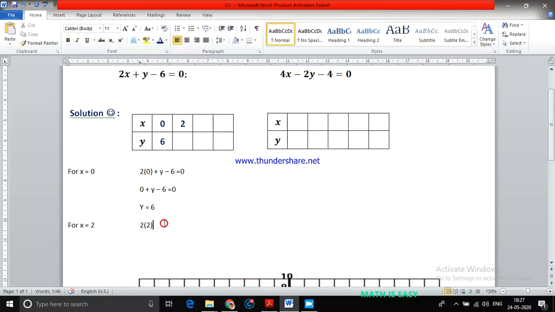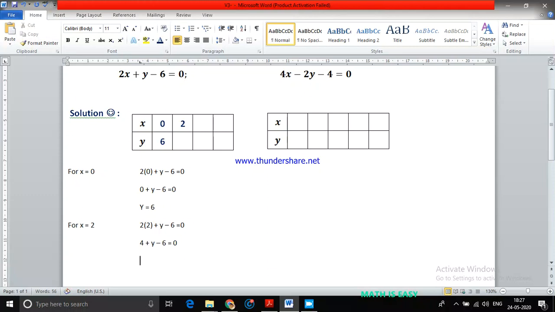So 2 times 2 plus y minus 6 equals 0. 2 times 2 is 4, so 4 plus y minus 6 equals 0. 4 minus 6 is minus 2, so my next equation will be y minus 2 equals 0. Because 4 minus 6 is minus 2, the bigger number's sign will come.